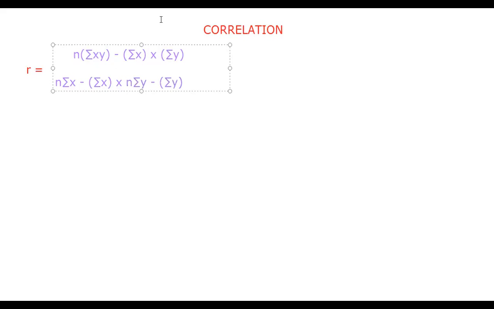So this is the formula for correlation, Karl Pearson correlation. It is easy for you to remember the formula.